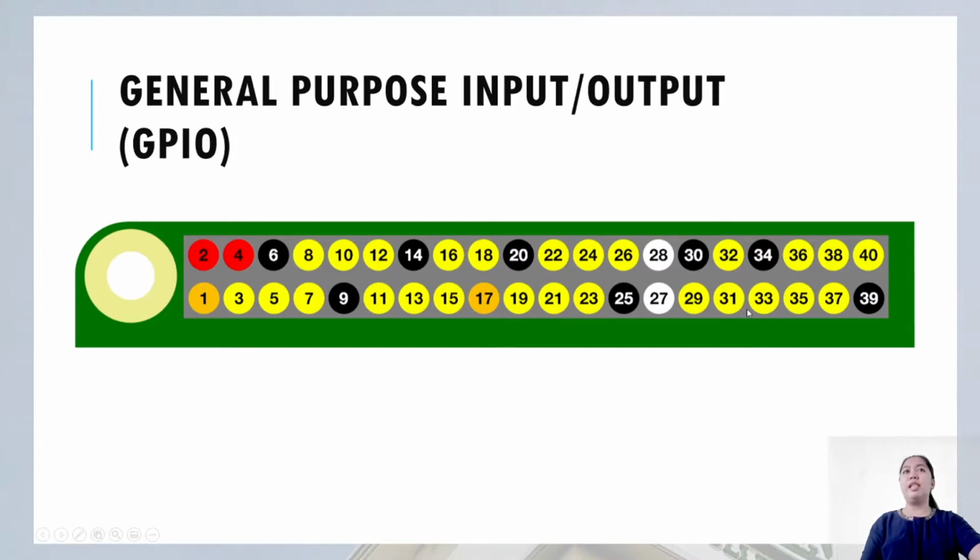We have 26. And for the orange, which are pin 1 and pin 17, these are 3.3 volt pins. And we have the white ones, which are pin 27 and pin 28. These are for EEPROM. This is for advanced use only.